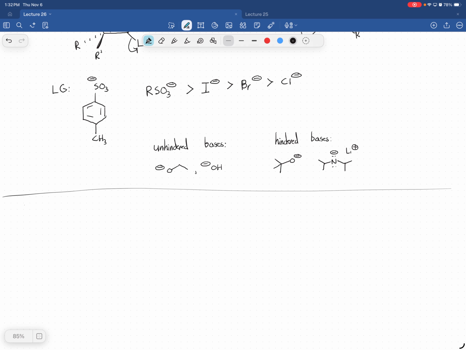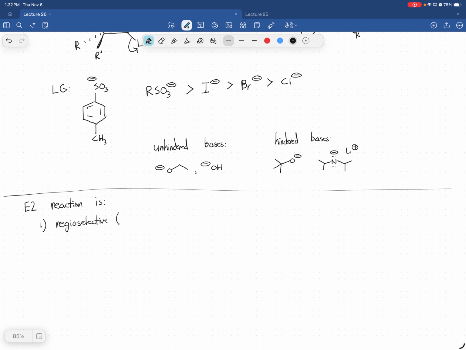The E2 reaction is, number one, regioselective. What that means, it's regiospecific. It prefers to attack on one side, so one alkene will form predominantly.